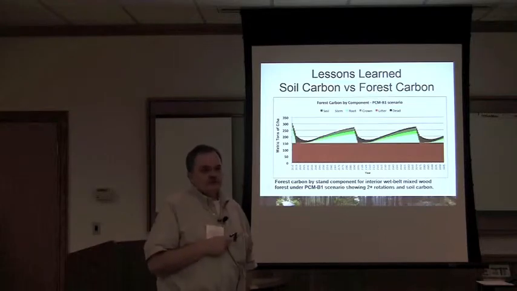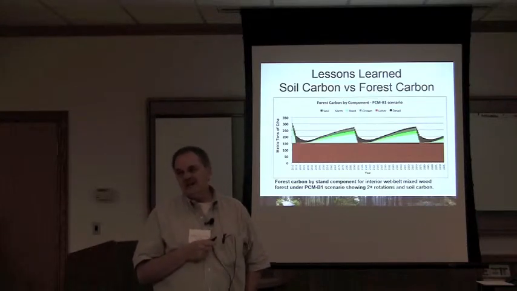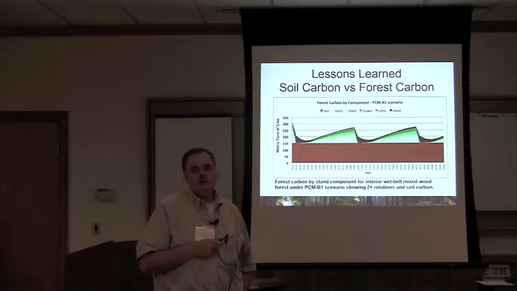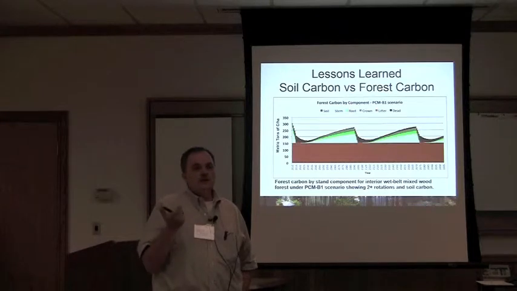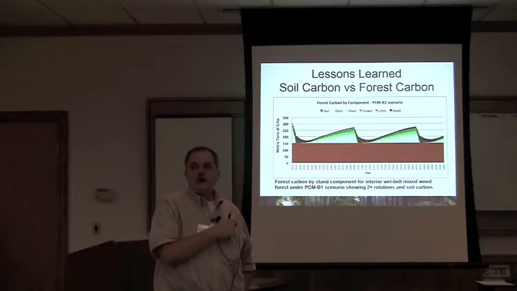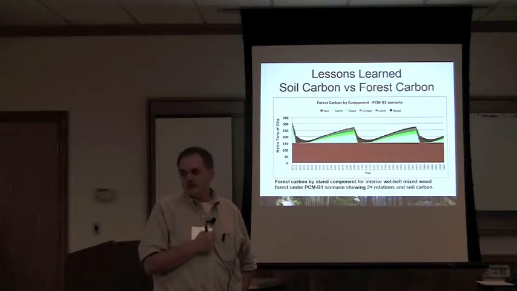Soil carbon versus forest carbon. Soil carbon may be equal to 3 times the amount of carbon that's in the above ground system. Now, if what we do on top of the ground doesn't affect what's under, it doesn't matter. But there's increasing evidence that what we do on top changes what the soil carbon is.